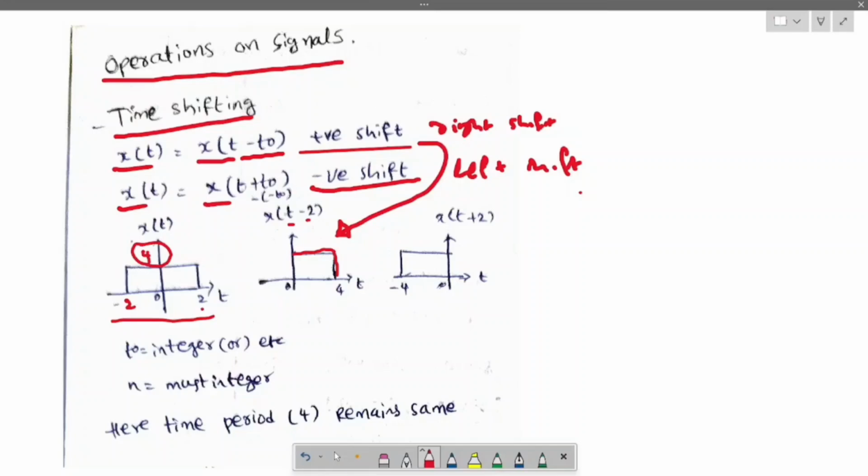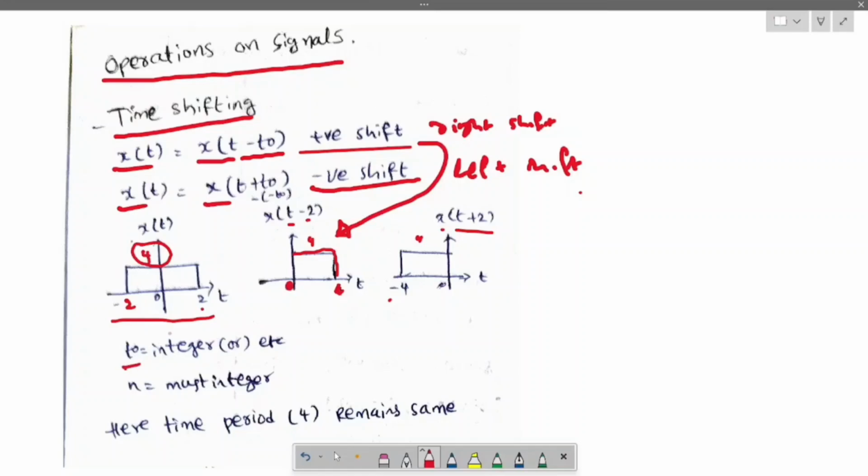Here you can see it will move 0 to 4. Again, the 4 units of time will be the same. If you perform the operation like x of t plus 2, then it will move to the left, 0 to -4, and again the 4 units of duration will be the same.